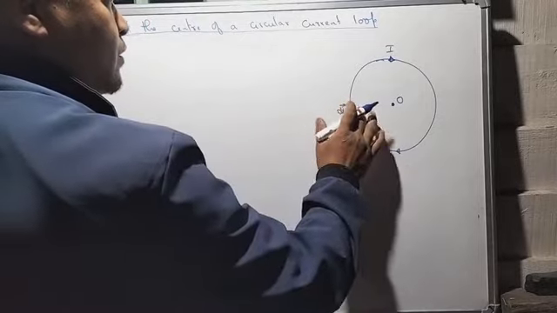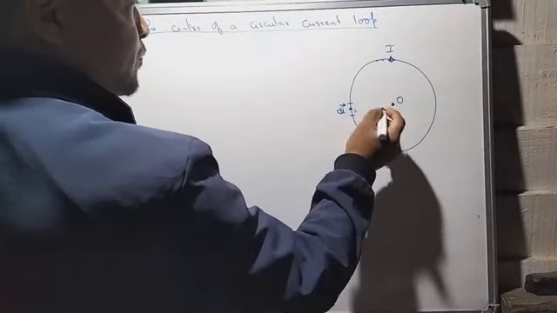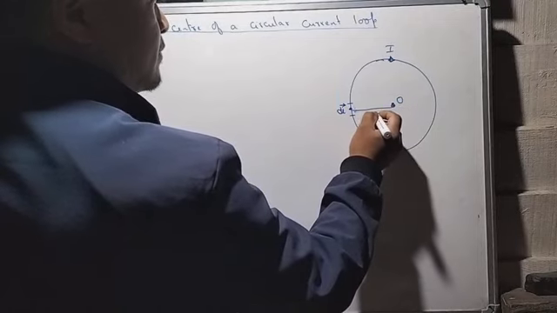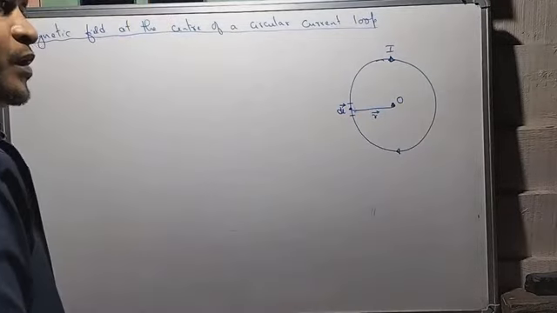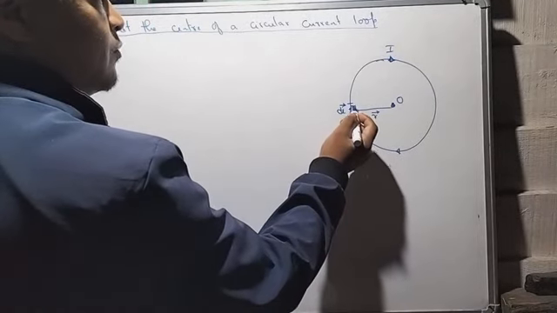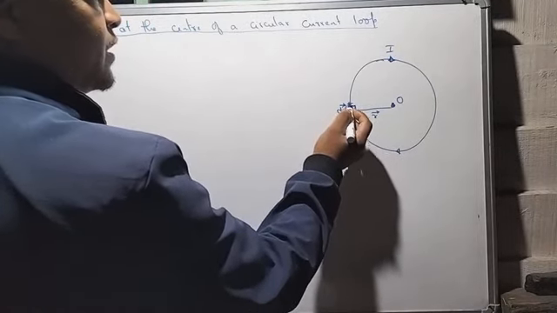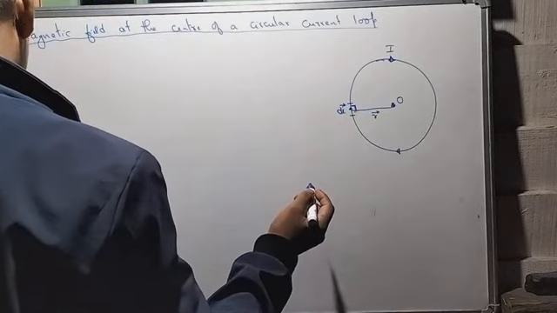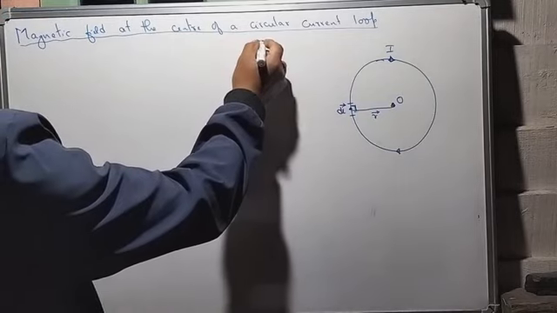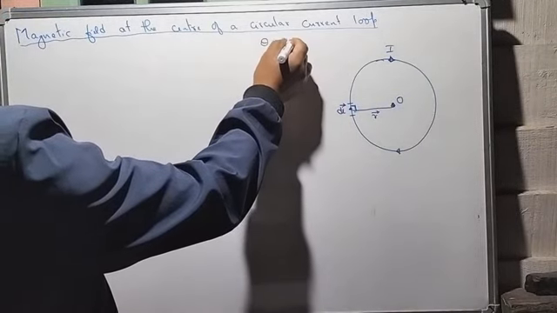The radius of the loop is r. This radius of the loop makes an angle how much with respect to dl? So the angle here is 90 degrees, which means theta is 90 degrees.